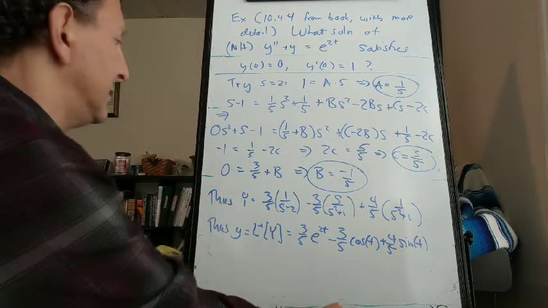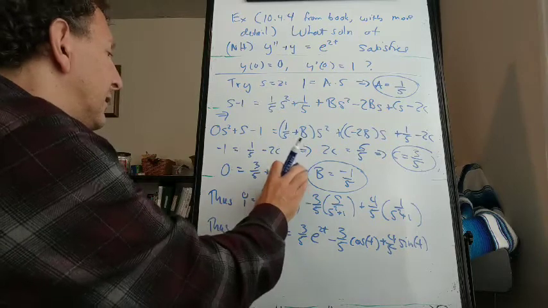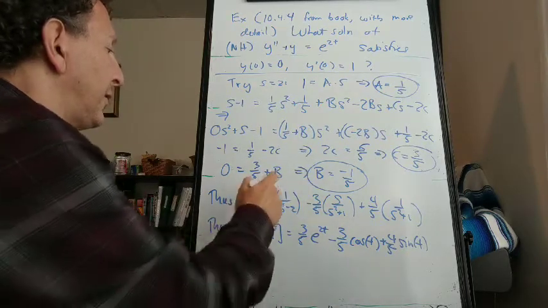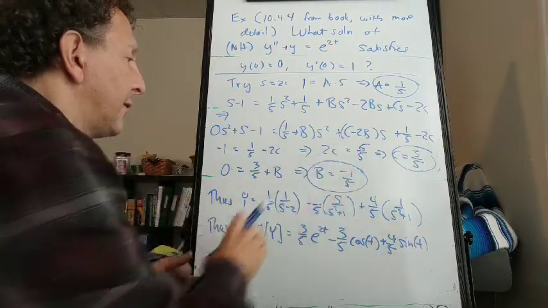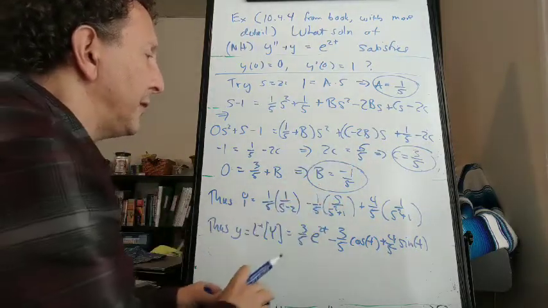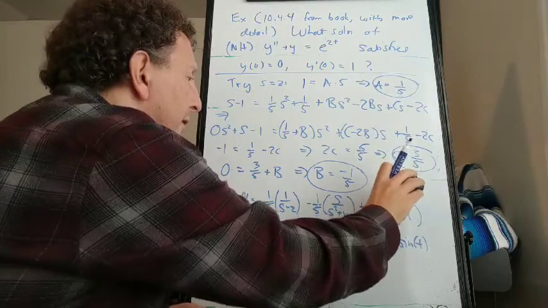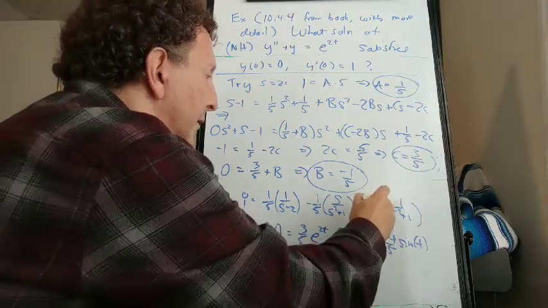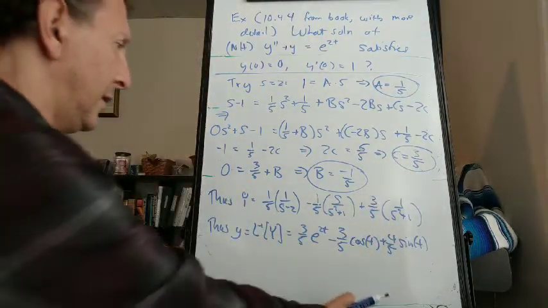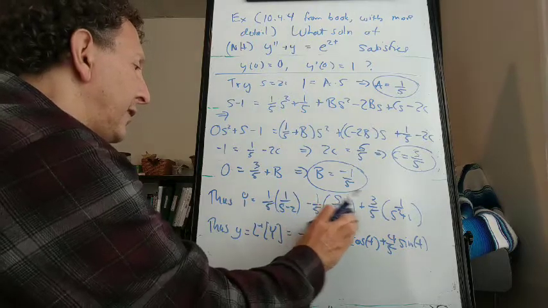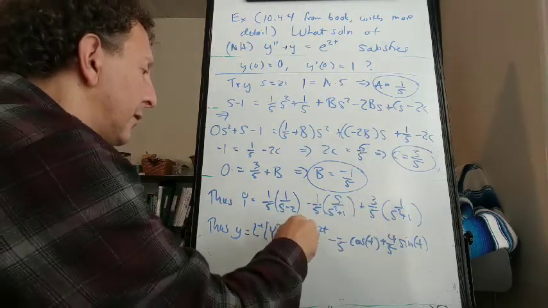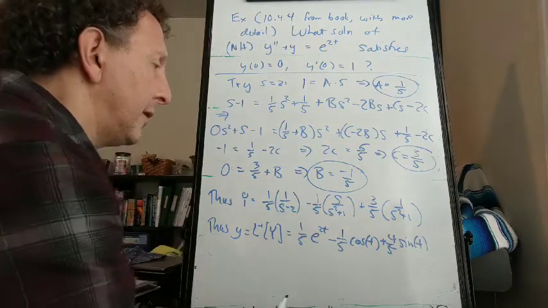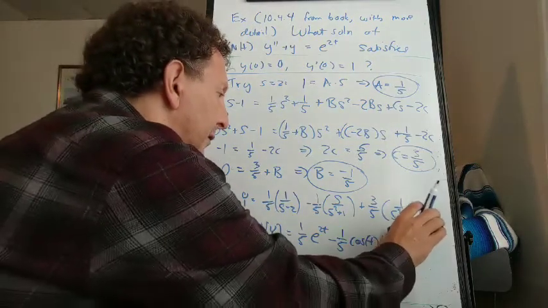So changing my multiples here, that's 1/5, minus 1/5, and 3/5.